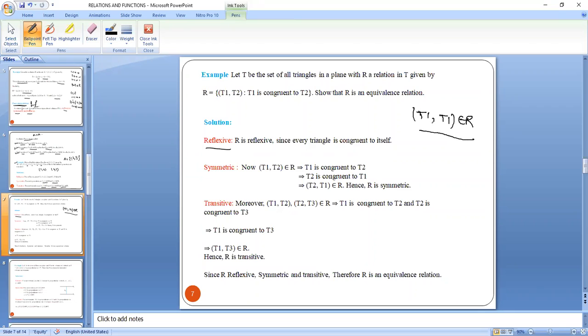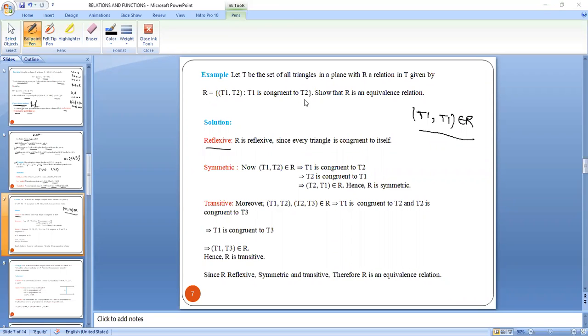What is the relation? T1 is congruent to T2. T1 is congruent to T1. Can we say that a triangle is congruent to itself? Yes, ma'am. Yes, we can say that every triangle is congruent to itself, right?